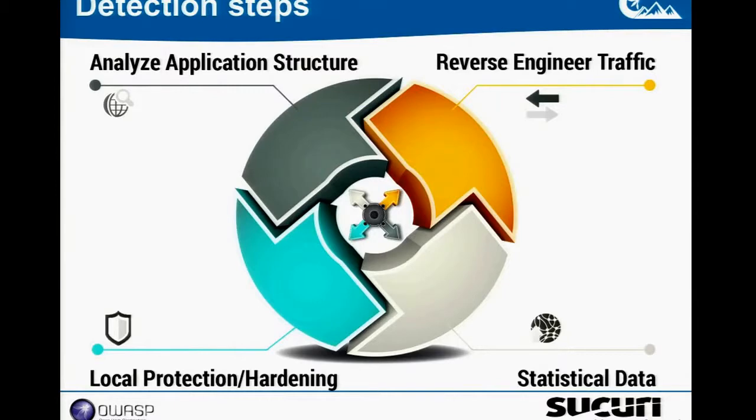Then we have local protection and hardening. We need to mitigate the attack surface, because nothing is 100%. If you do those protections, like you reverse the traffic and create good blocks on the request, you analyze the structure and you protect the most important files.